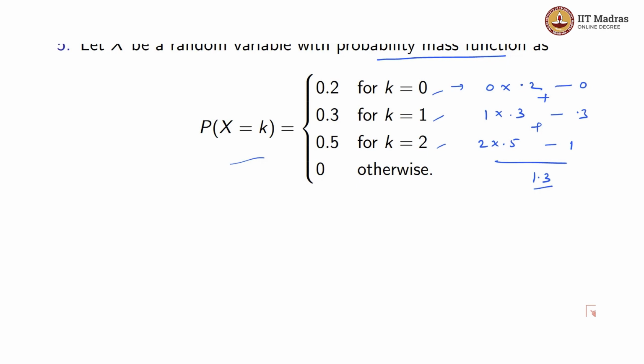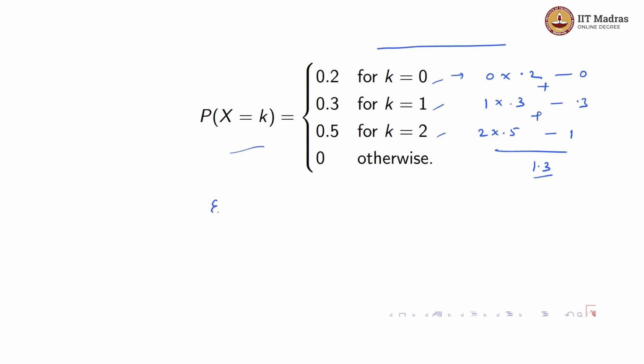And now what we have to calculate is E of x square. You just have to check first what values x is taking. X is taking values 0, 1, 2, and now you need to square these values. 0 square is 0, and you multiply with its probability.